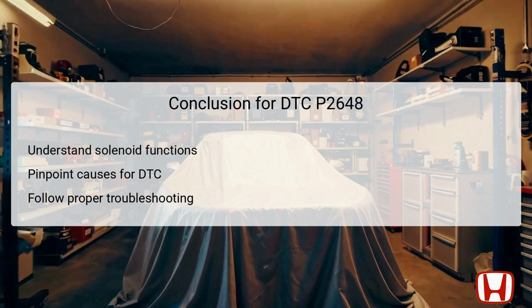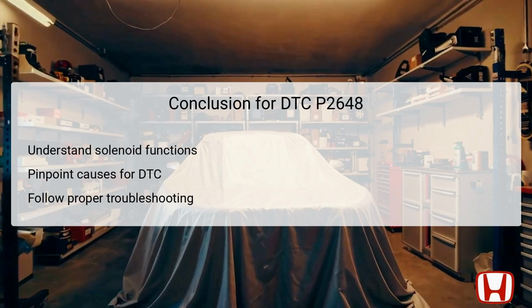In summary, understanding the role of the rocker arm oil control solenoid A is fundamental to diagnosing DTC P2648 efficiently. This DTC primarily indicates low voltage issues within the solenoid circuit, and acknowledging its importance ensures proper function of the engine's valve operation.